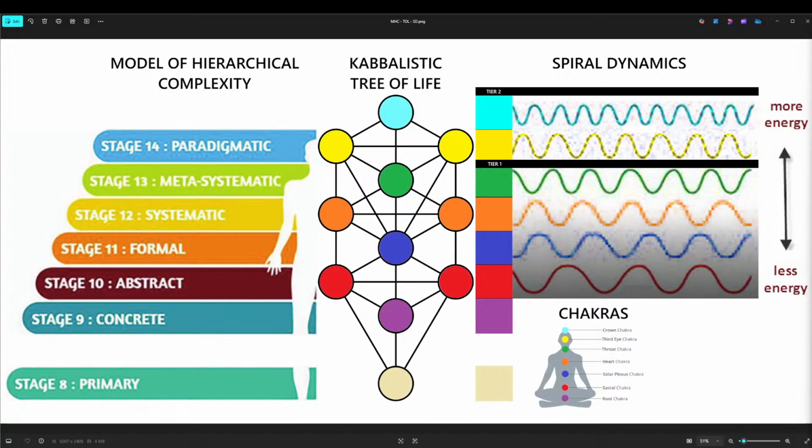So the idea is to progress through each of the chakras, and you can use Spiral Dynamics as another tool to help you understand the process of progressing through each of the levels. The idea is that you're getting more in touch with your true self, or your soul, so to speak, in terms of spirituality, as you progress from green to yellow to turquoise.